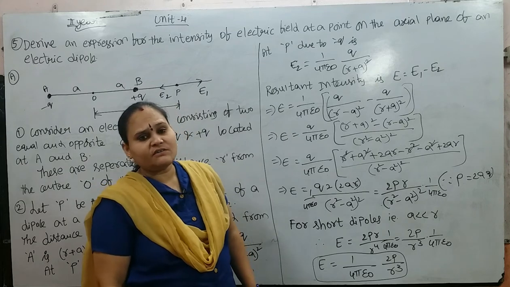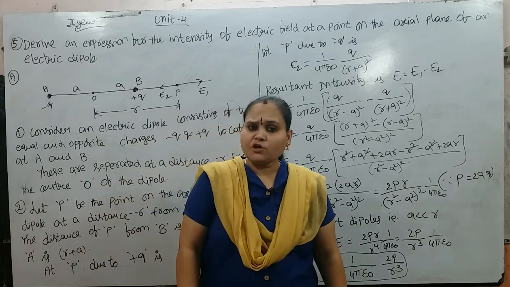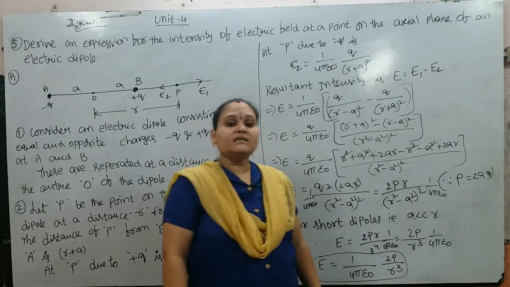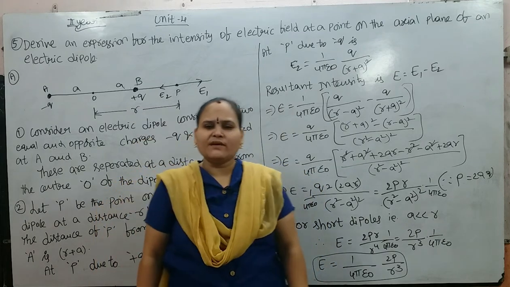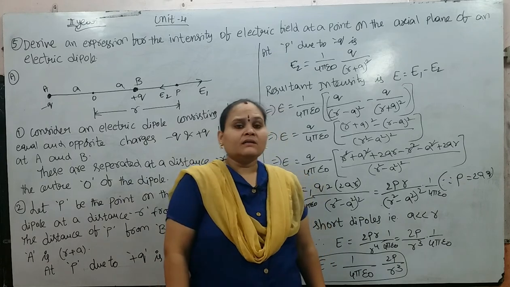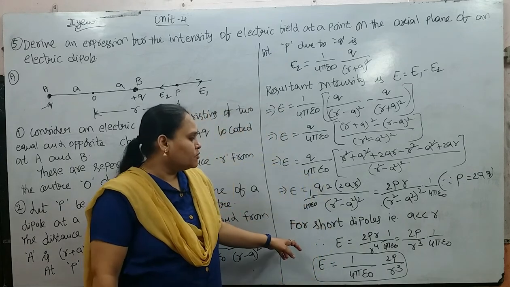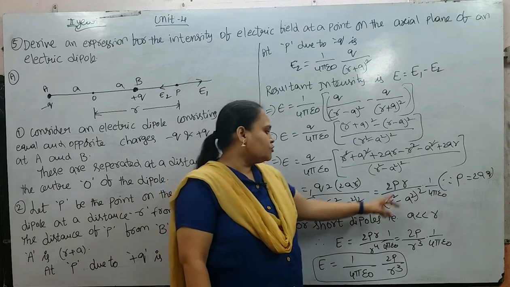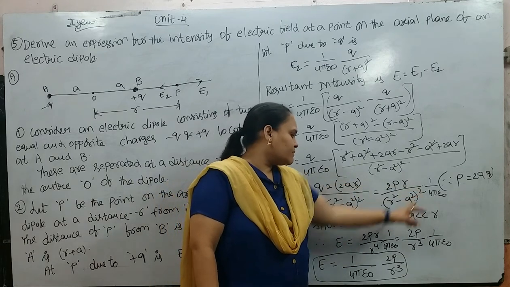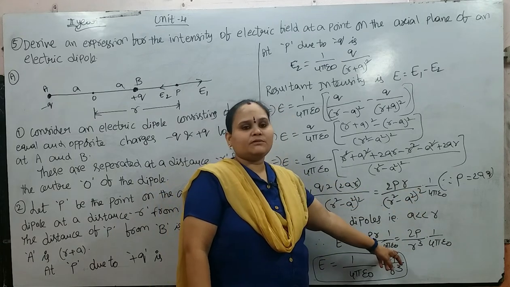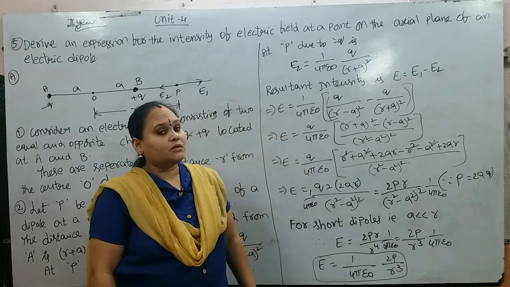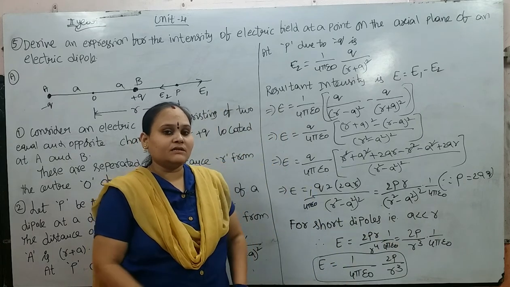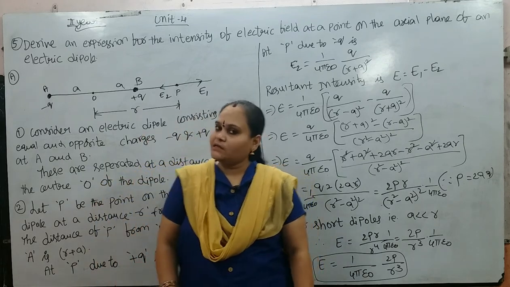But we are considering very short dipoles, which means a is very small compared to r. So a can be removed, and we get E equal to 2pr by r square whole square, that means r power 4, into 4 pi epsilon naught. r cancels, and we get 1 by 4 pi epsilon naught 2p by r cube. This is our electric field intensity.